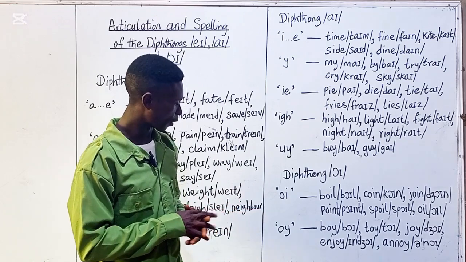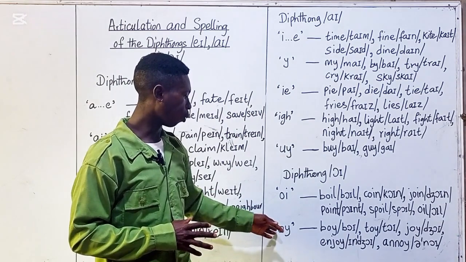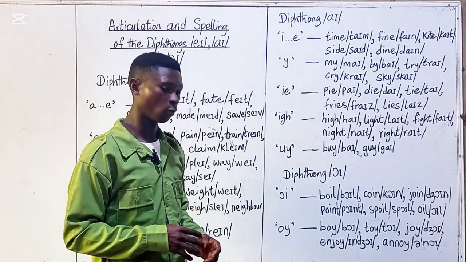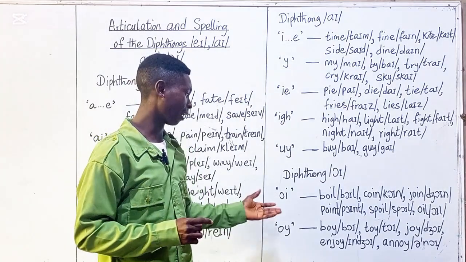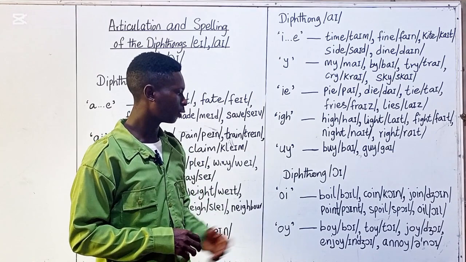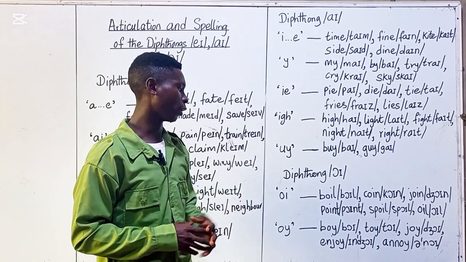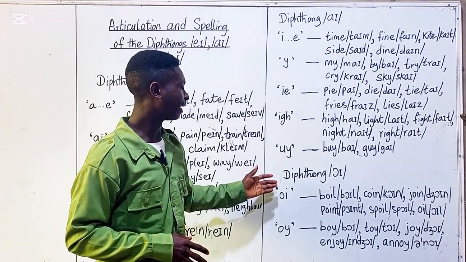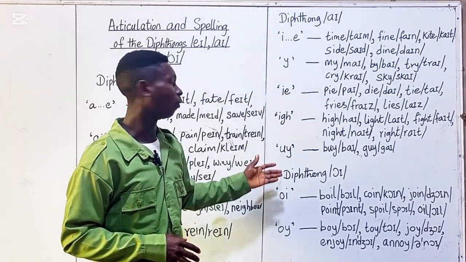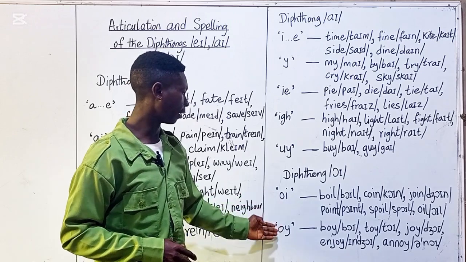The sound can also be represented by OY. In other words, in place of OY, we can have the OI sound, as in boy, toy, joy, enjoy, and annoy. So these are the possible graphemes for the diphthong OI. We have OI and OY.